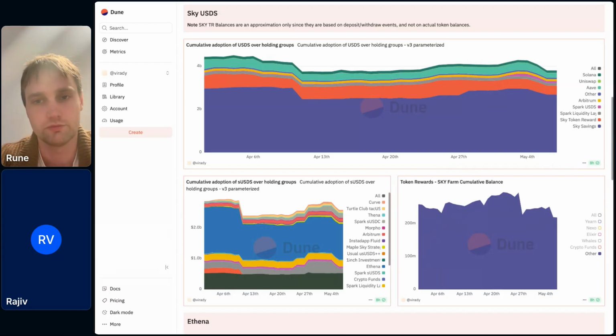Yeah. So what we show on mainnet is the total, and you're right, it includes some of the pre-minted USDS. We actually do have a dashboard that shows the breakdown of that.